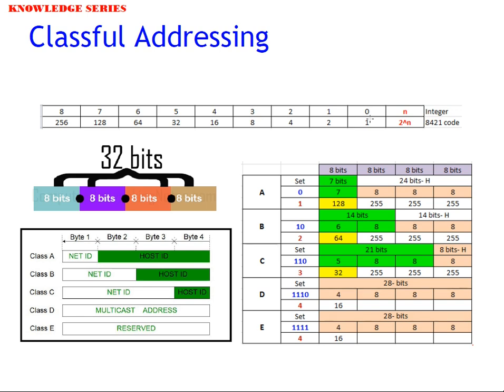Different n values are shown, and corresponding to each n value, the value of the 8421 code is shown. Now a figure is shown with respect to the bits.